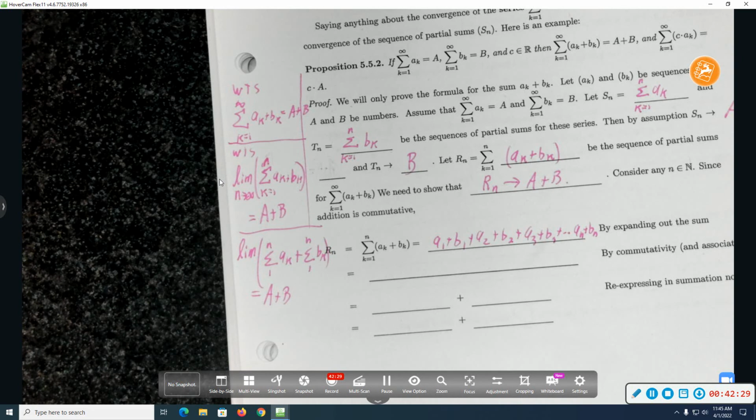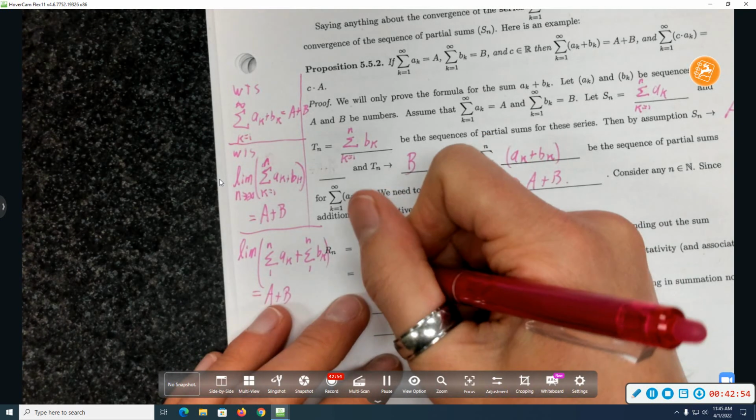and that's to go from there to there, we use commutativity. And this time we're going in the opposite direction. So how could you rewrite that? Okay. A1 plus A2 plus A3 dot dot dot, and then B1 plus B2 plus.